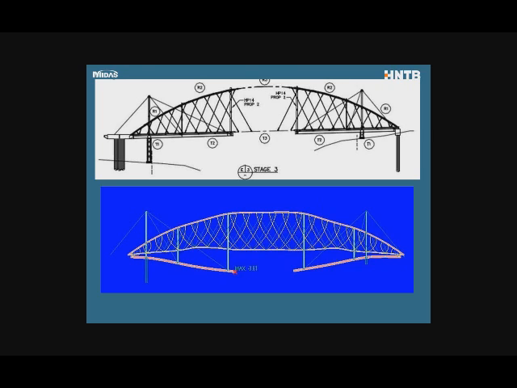And so you have this wet noodle in the sky, boiled spaghetti in the sky, a very slender arch and a flexible false work system. So of all the bridges I've worked on, this was probably the most interesting construction staging analysis.